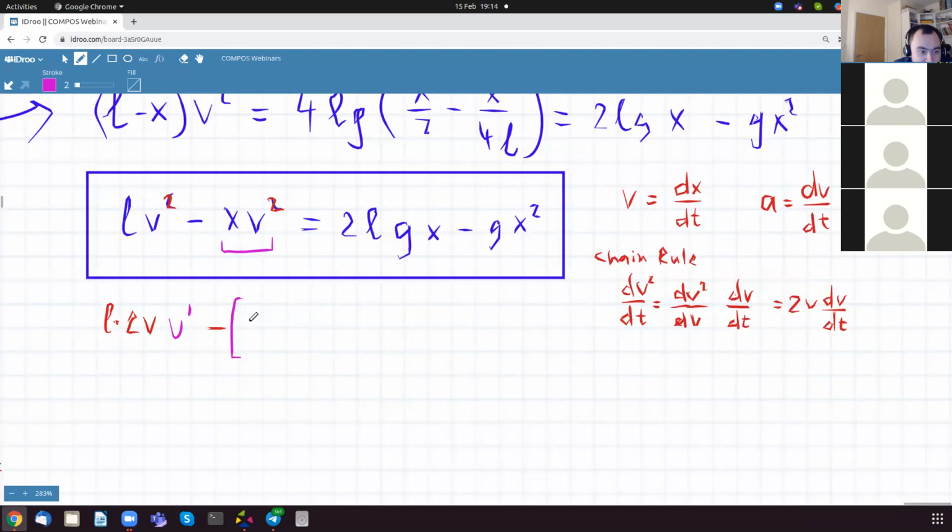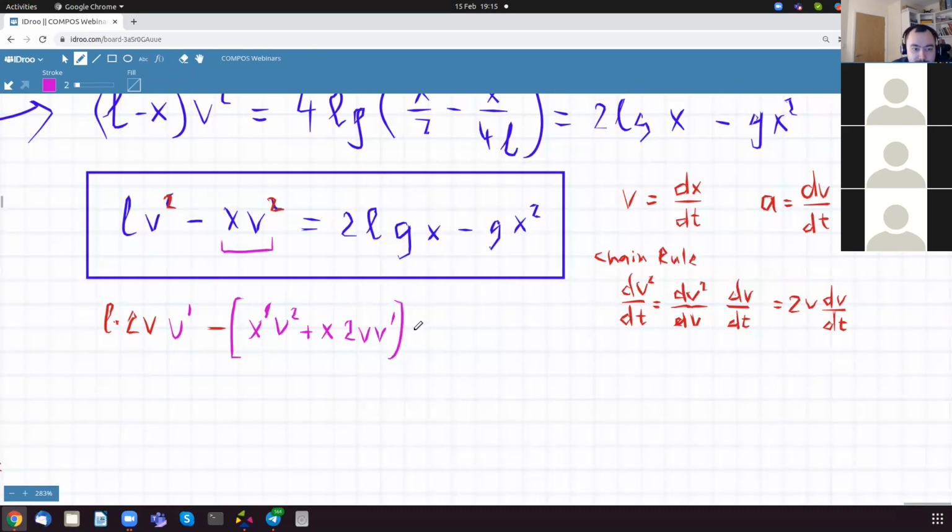So it's x prime multiplied by v squared, plus x times v squared prime, and v squared prime is going to be 2v v prime.